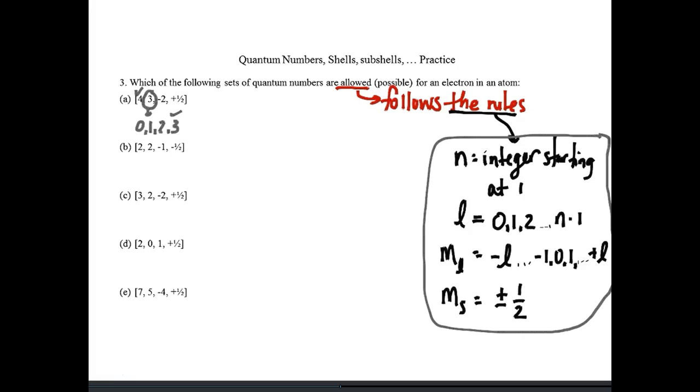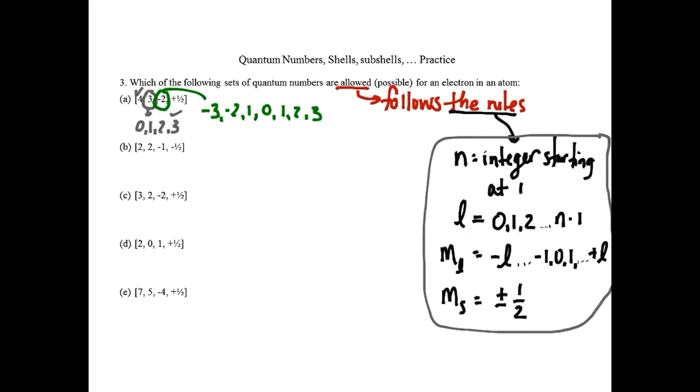So 3 is on our list, so that's okay. Negative 2: for an L of 3, M sub L is going to be anything from negative 3 to positive 3. So negative 2 fits in that list, so that's okay. And then the last quantum number is fine, plus 1/2. So A is good. So we'll circle that one.